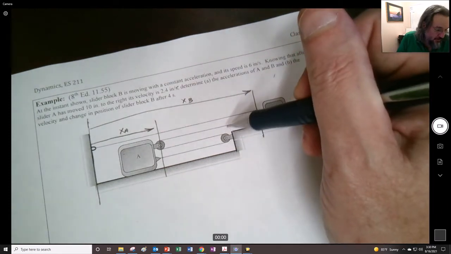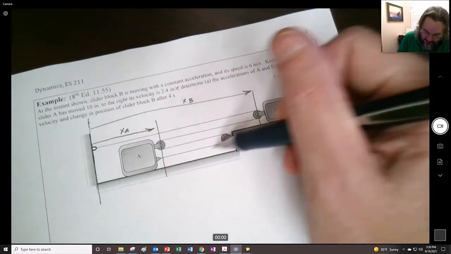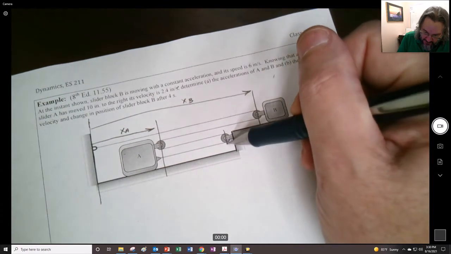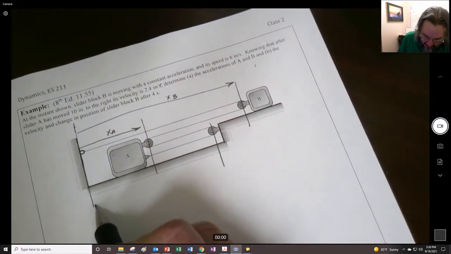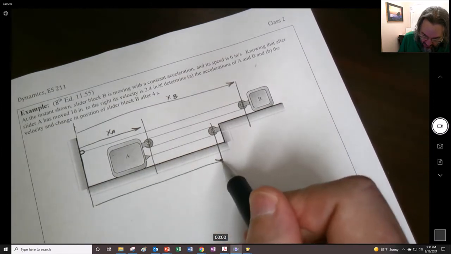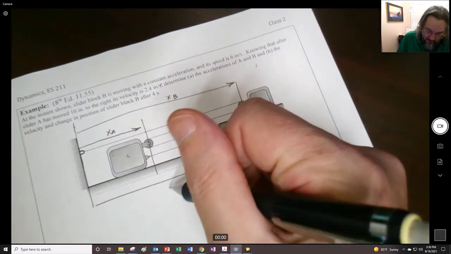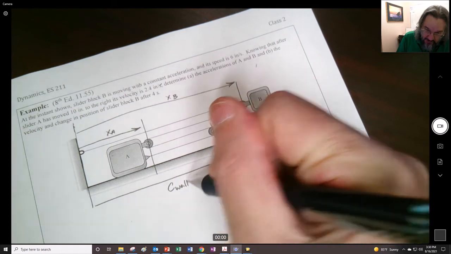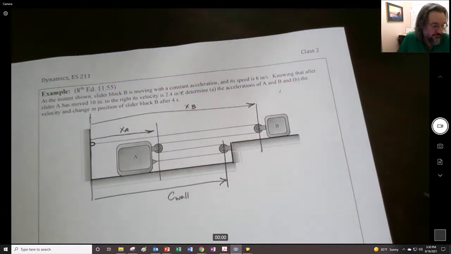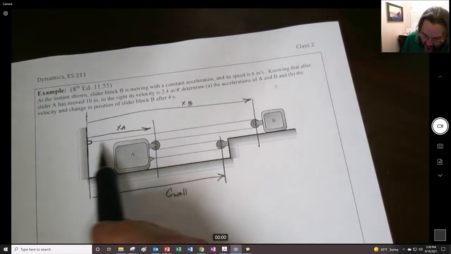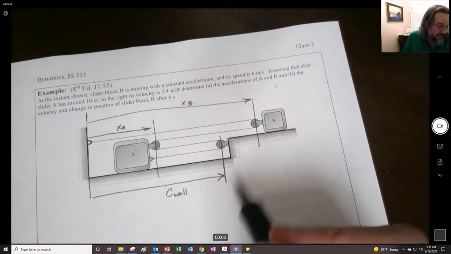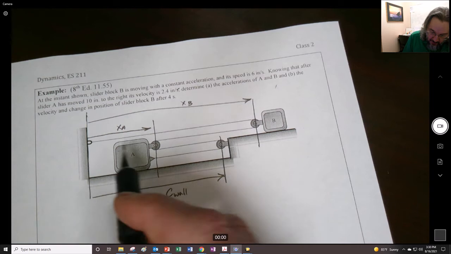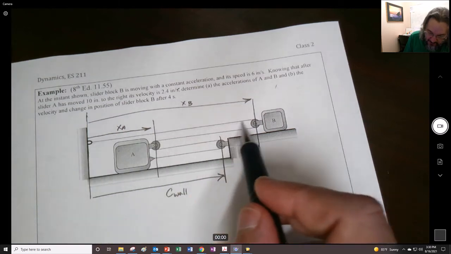Now, this is a little confusing right in here. So one way that will help us to figure out the lengths of these is to make another distance. I'm going to make a distance right here that I'm going to call C wall. So we can see that we have one single cable stretching all the way through there. Let's get this length first, that's the easiest one.